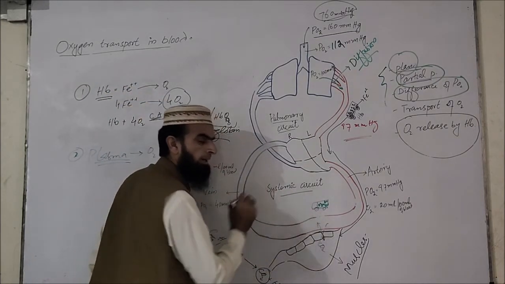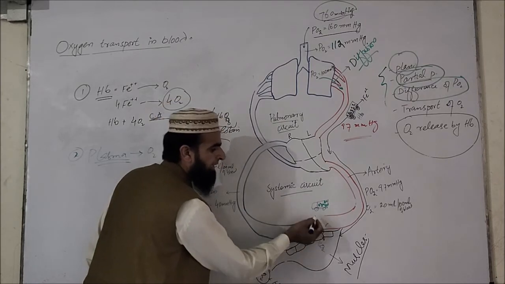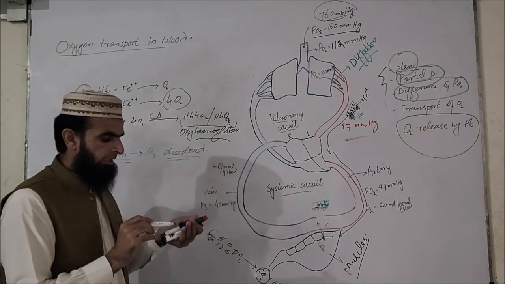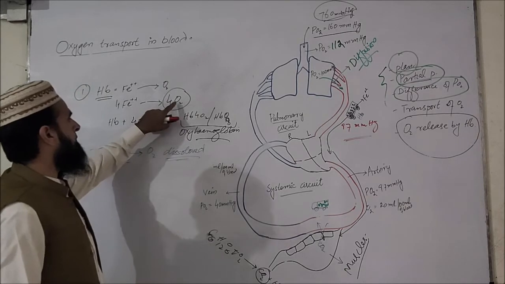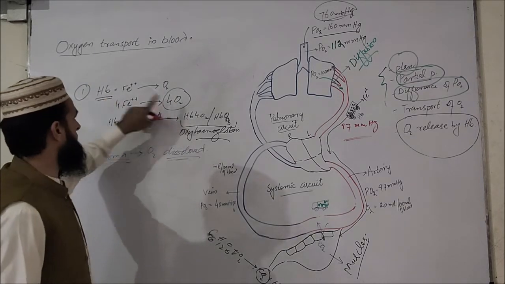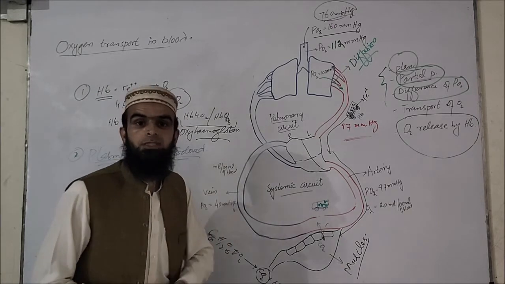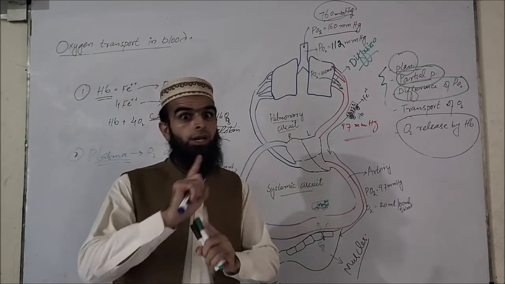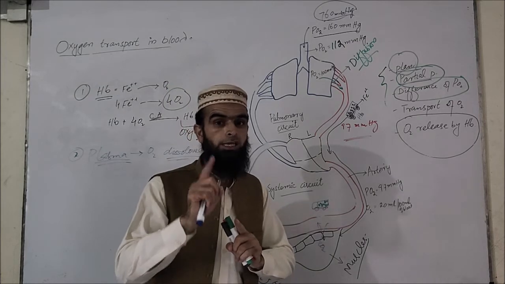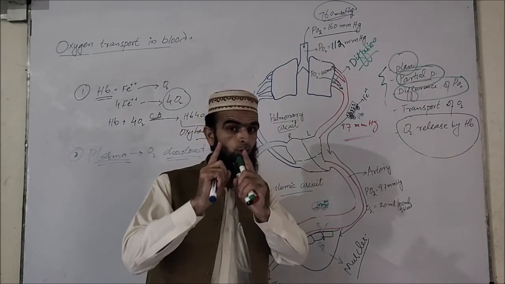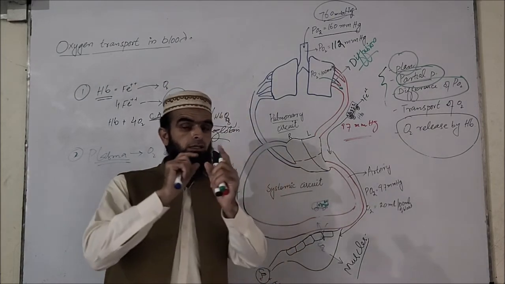When it is diffused into the blood, what would happen? It will react with the hemoglobin, just like the reaction of oxygen with the hemoglobin. As oxygen reacts with the hemoglobin, similarly carbon dioxide can also react, and it forms carbaminohemoglobin, not carboxyhemoglobin. Keep it in mind, this is a very important thing to be made clear.